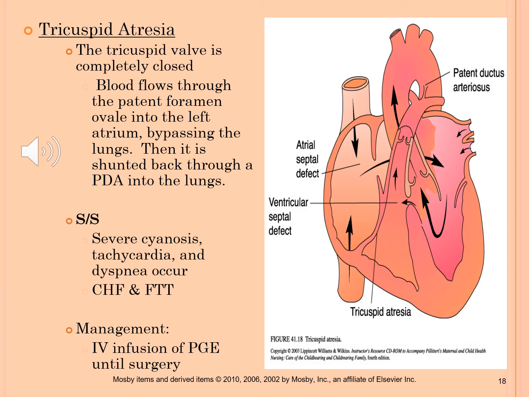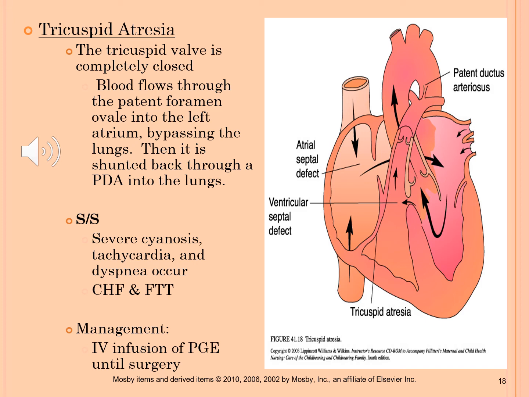And that means it doesn't allow blood to flow from the right atrium to the right ventricle, which means it can't reach the lungs for recirculation, right? So again, there's your decrease in pulmonary blood flow.